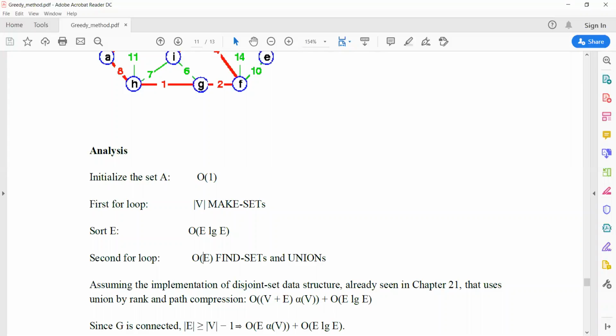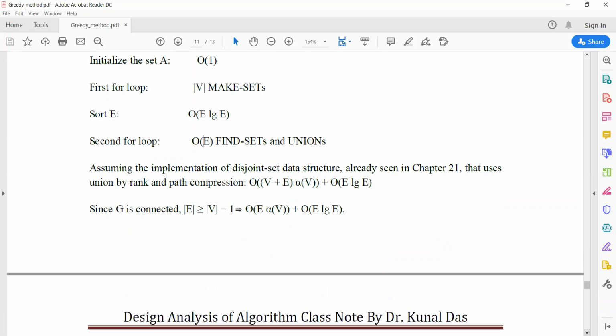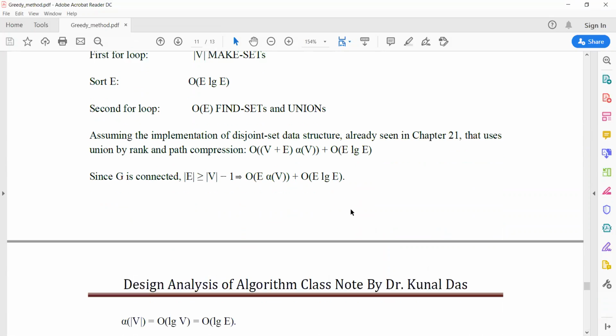As a result, it becomes order of E log E plus order of E. So as a result, the maximum time is this one.